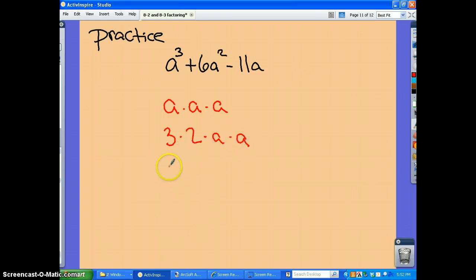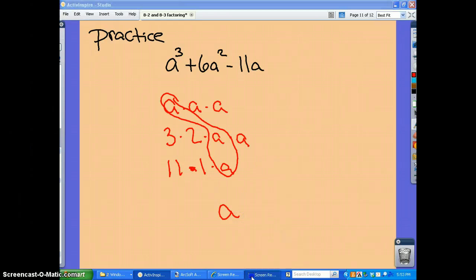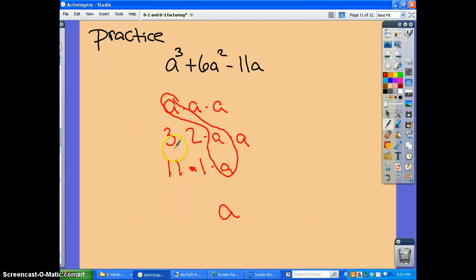And 11, I just have 11 times 1 times a. Well, my greatest common factor is simply going to be a. So here I don't have a 3 in all 3, don't have a 2 or 1, and I don't have any more sets of a's.